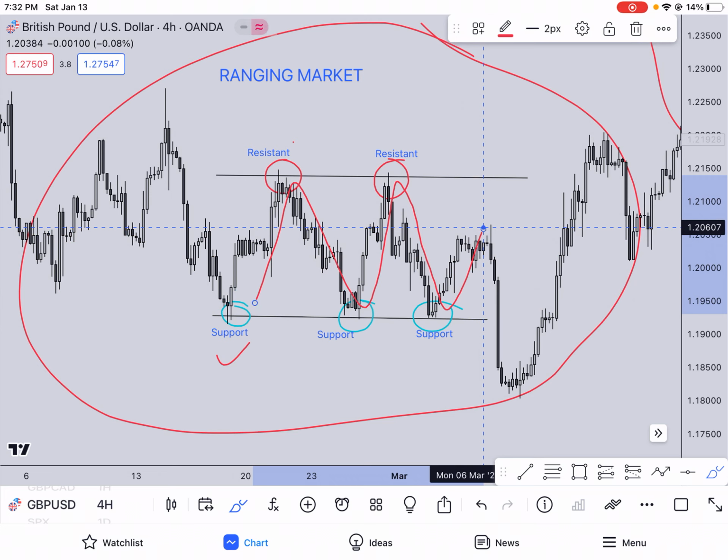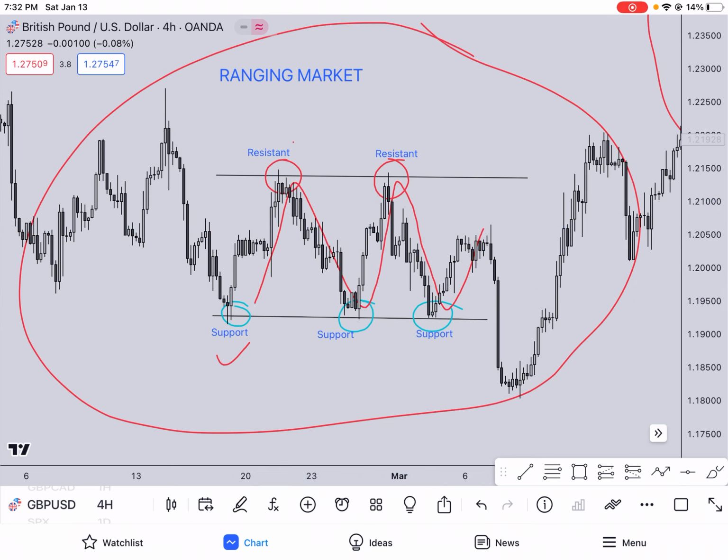Remember, we said there are two strategies in trading support and resistance. How to trade support and resistance?